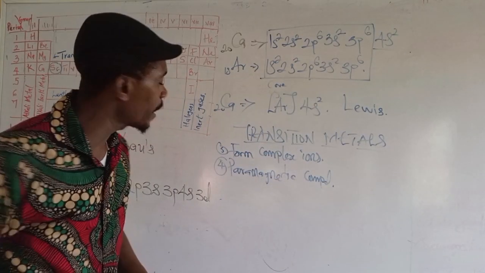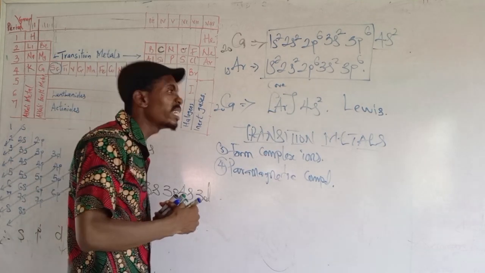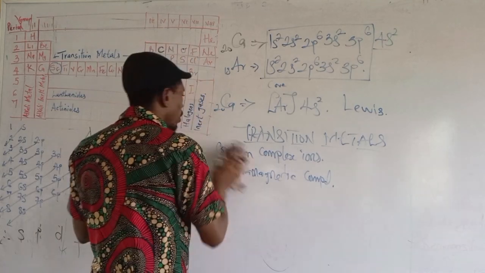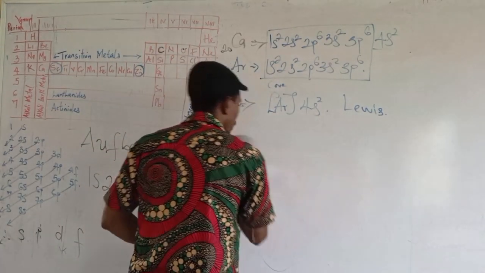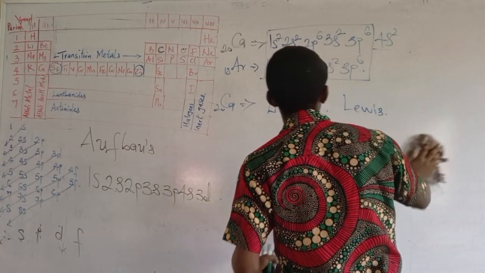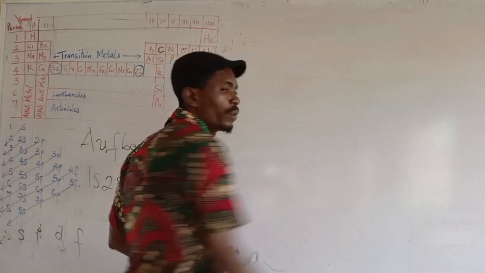The 5th property here is that they have partially filled d orbitals. So this will now bring me to their configuration. I just said they have partially filled d orbitals. Let's see how we get their configuration.